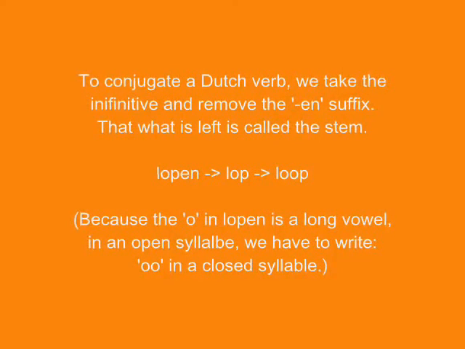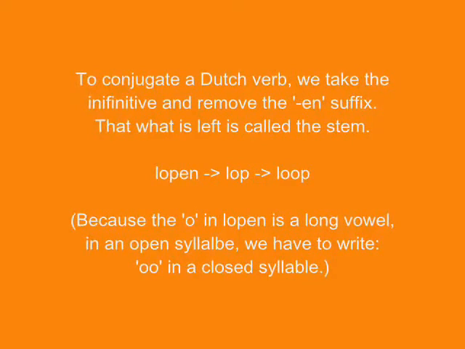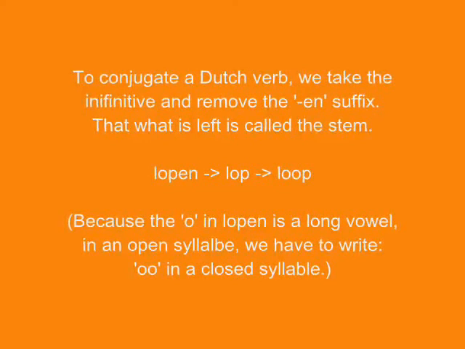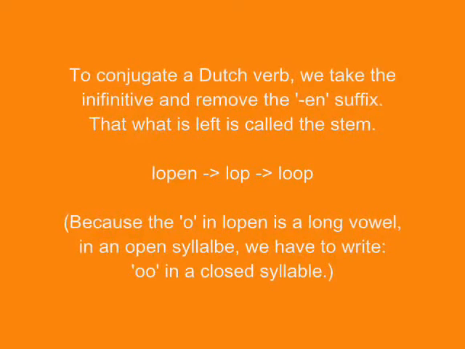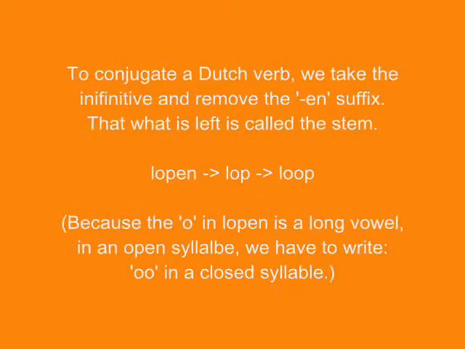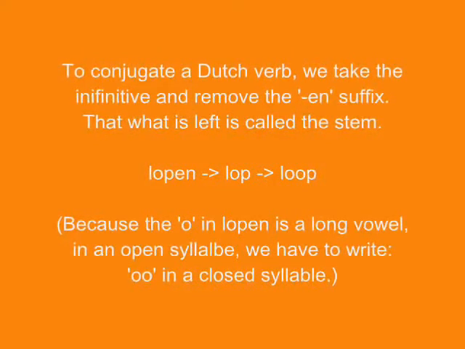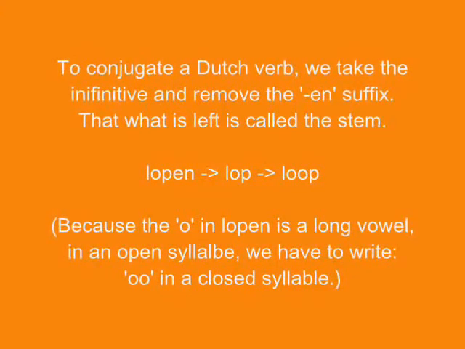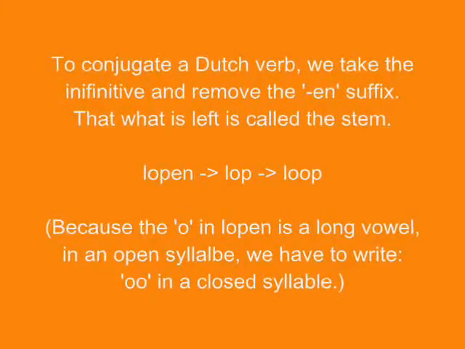Because the O in lopen is a long vowel in an open syllable, we have to write double O in a closed syllable. Because the stem of lopen became a single closed syllable, and we still want to keep that long and open vowel of lopen into the stem, we have to double the vowel. In that case, we have to write it with two identical characters, in this case a double O.